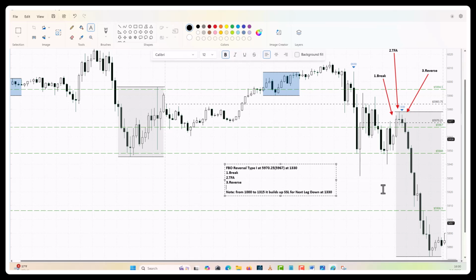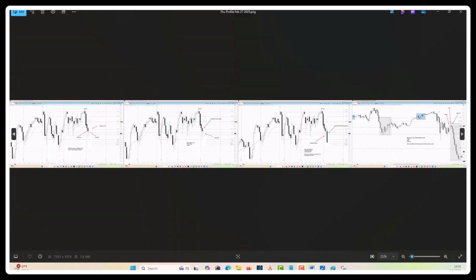Why did it not reverse from here? It looked like it was going to reverse from here. We tried in real time, but we're going to get back to that later, but let's go with this for now.